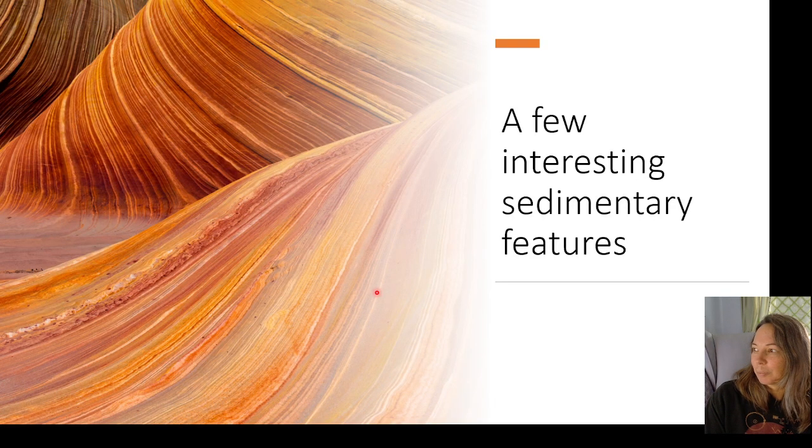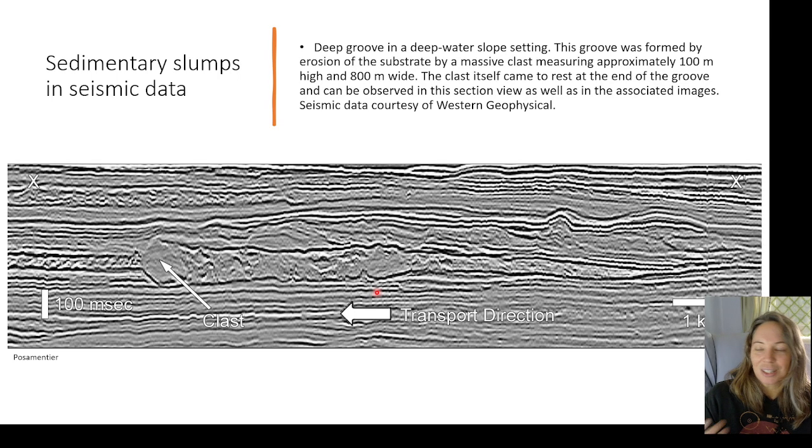All right, so now I just want to end with a couple more interesting sedimentary features that we have seen in seismic. So this is one by Henry Posamentier of a giant clast. So it's 100 milliseconds tall, a giant clast that has come off the shelf in a deep water slope setting. It's kind of come from this direction on the right.